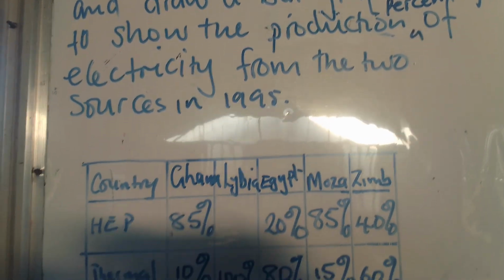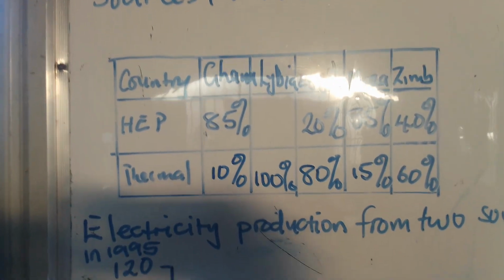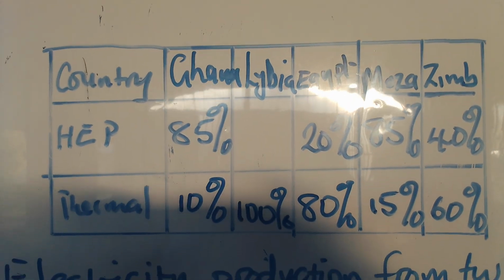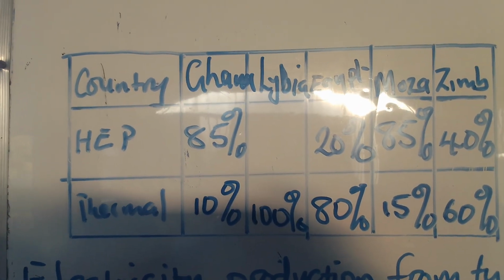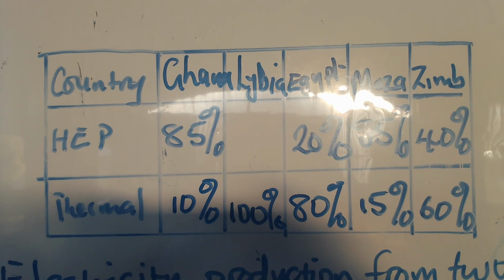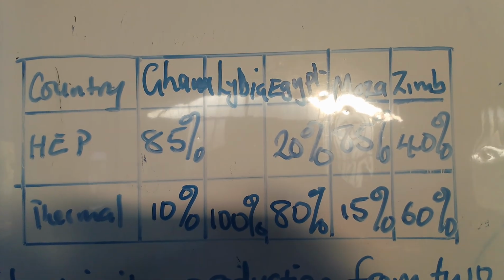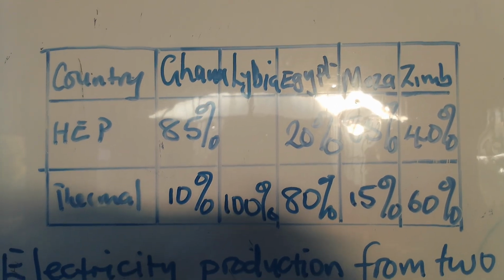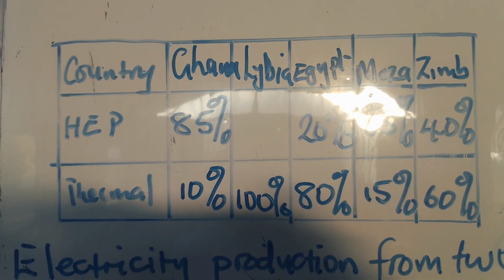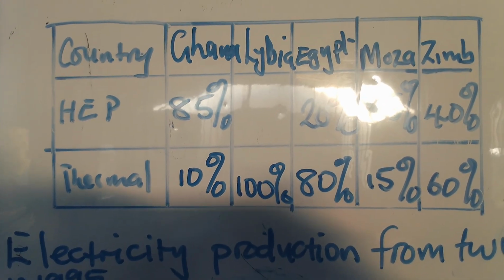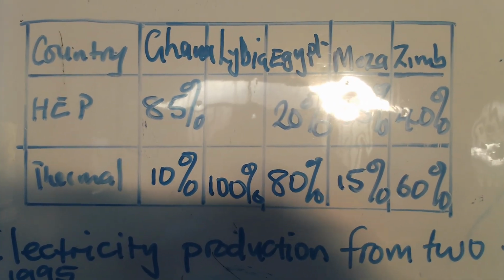And now let us go to the table which shows the production of the countries. The countries are Ghana, Libya, Egypt, Mozambique, and Zimbabwe. And then the production is HEP, which is hydroelectric power, and thermal. These are the two components that are being compared.